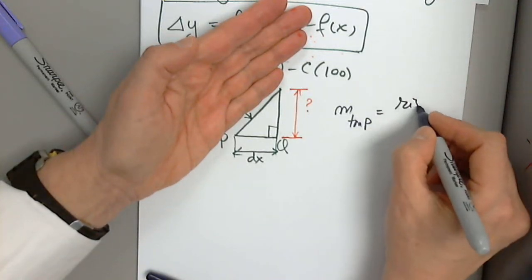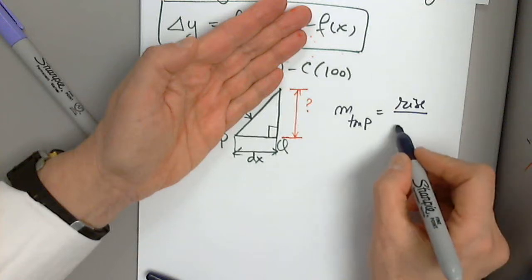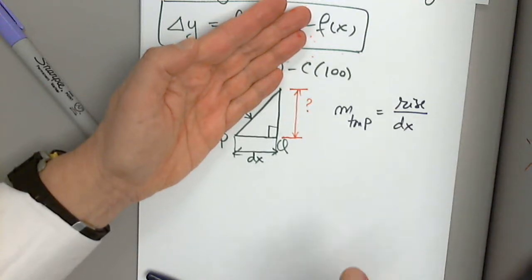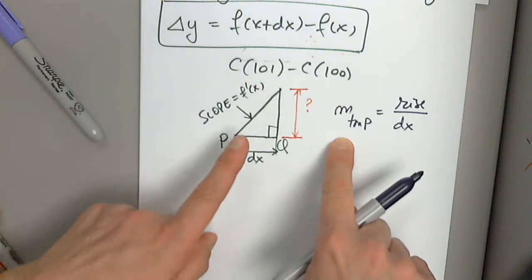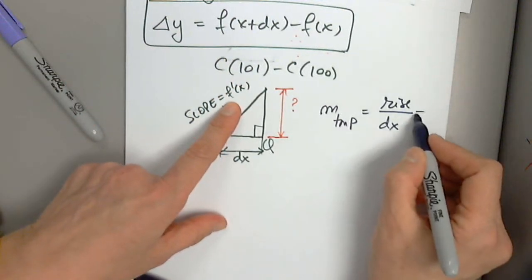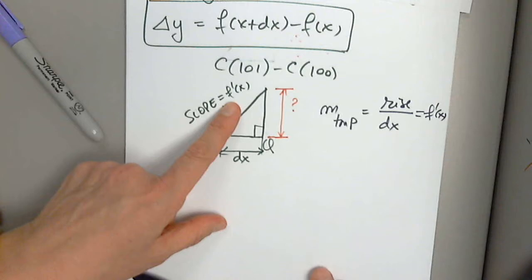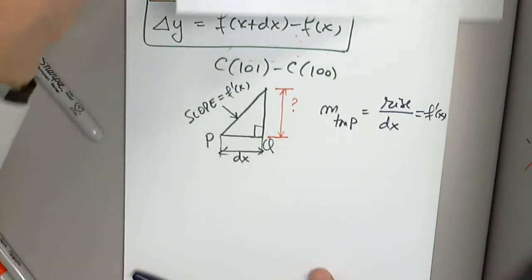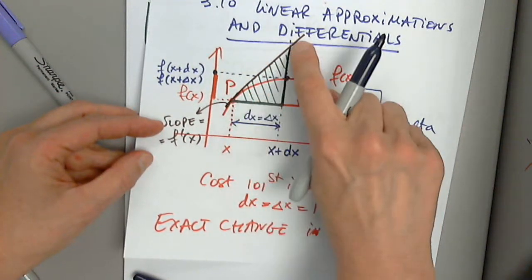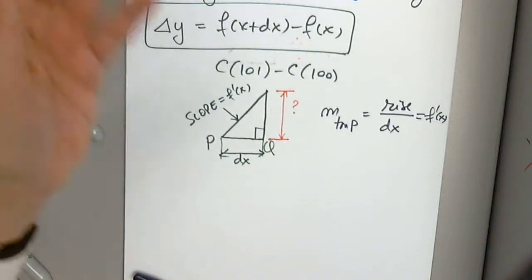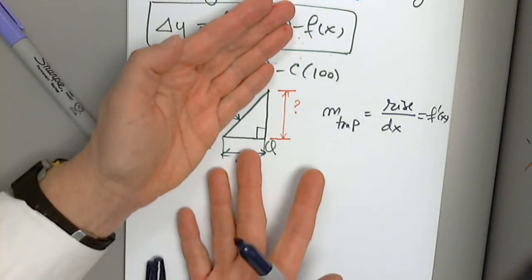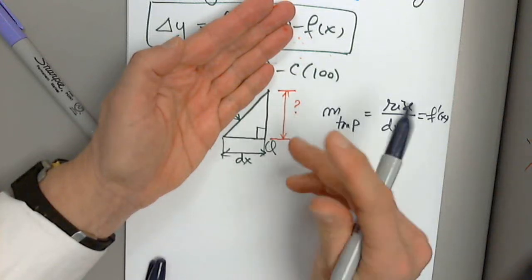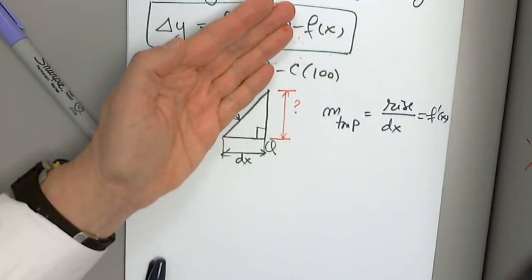So it's rise, which I'm trying to identify, over dx. But I also know that this equals what Braden said a minute ago. He said f prime of x, correct? So we knew that the slope of this line is f prime of x, but also we were able to determine the slope of the same line from the right triangle as rise over run. Agreed?